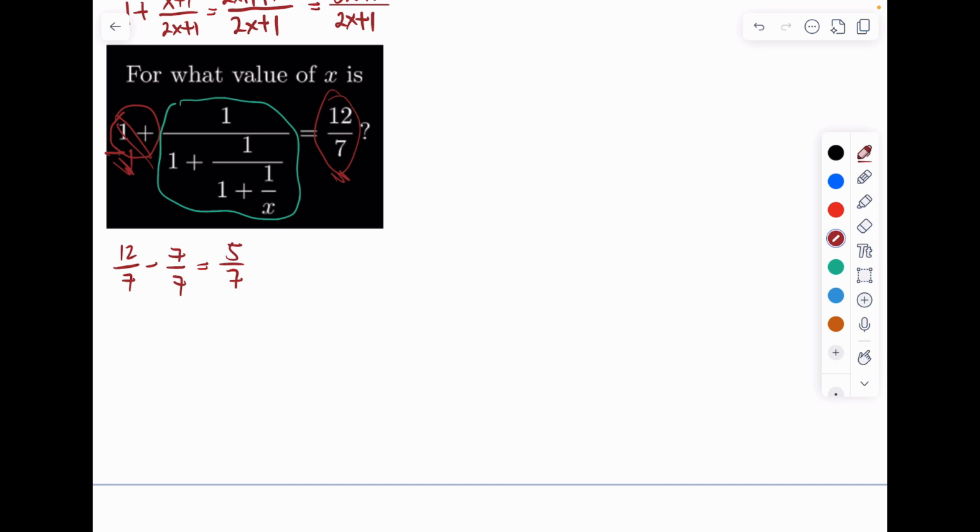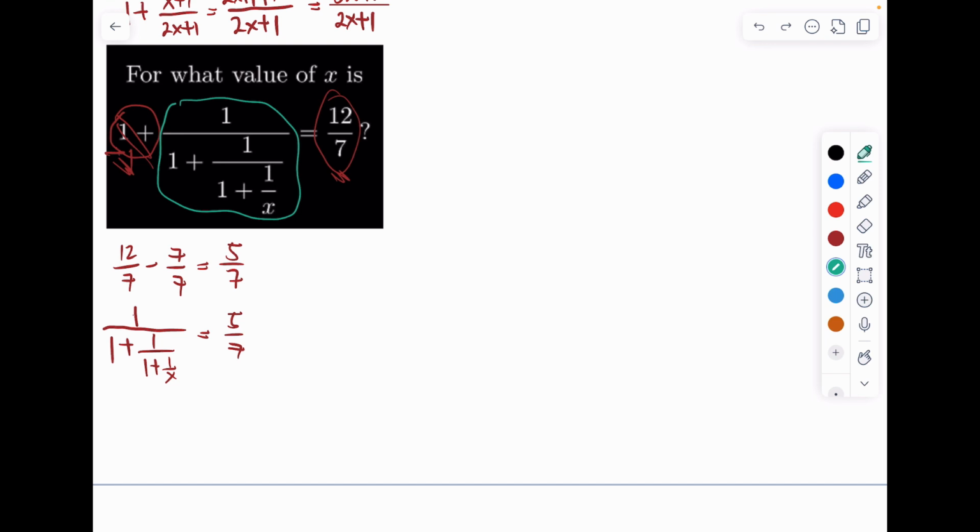And then we have 1 over 1 plus 1 over 1 plus 1 over x equals 5 over 7. Now, since we know that this is our numerator and this is our denominator, we can just take the reciprocal of this. We can just invert this.